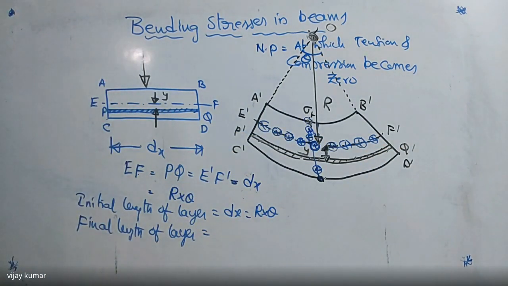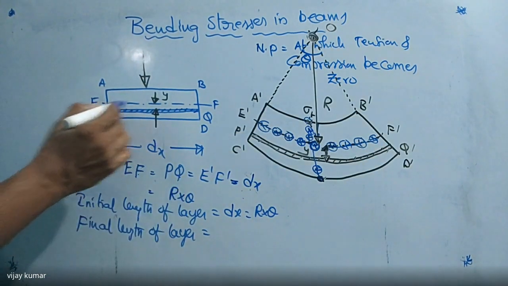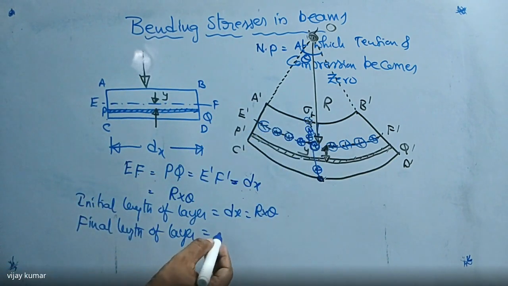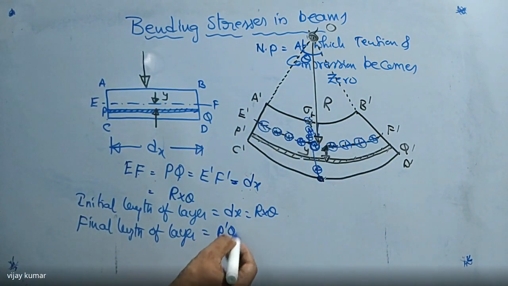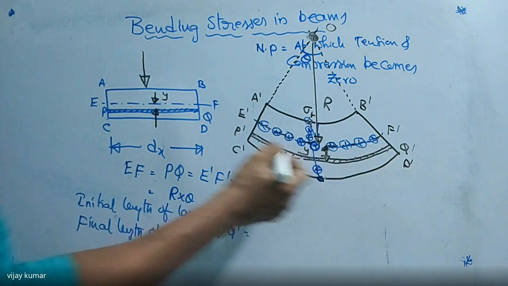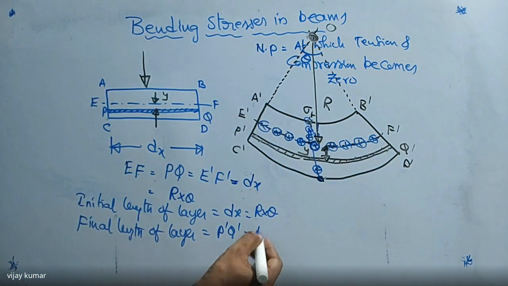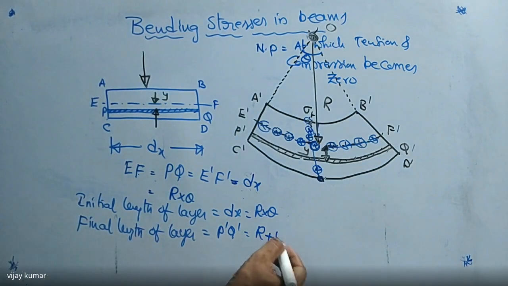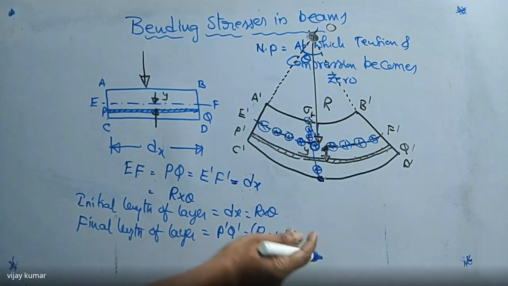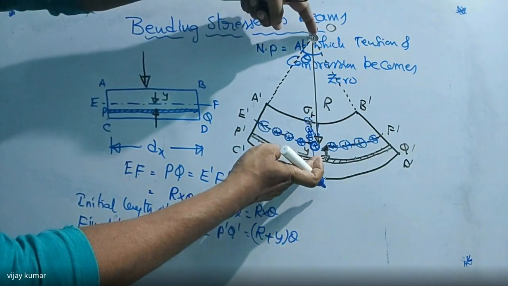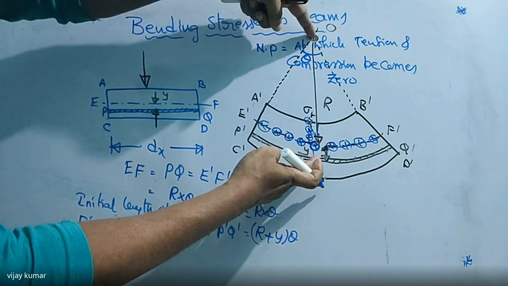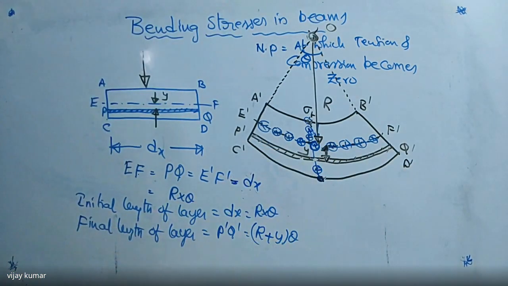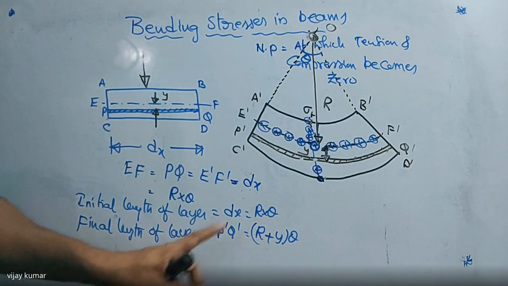PQ is the initial length and the final length is P dash Q dash, which is in the form of an arc. What is the arc length here? R plus Y into theta. This total radius goes up to this point. R plus Y, radius of curvature, into theta. So R plus Y into theta is the final length of the layer.